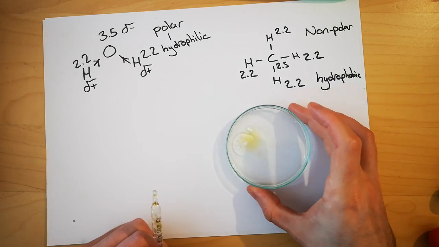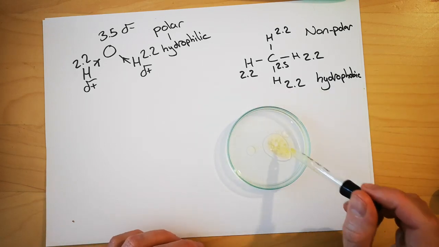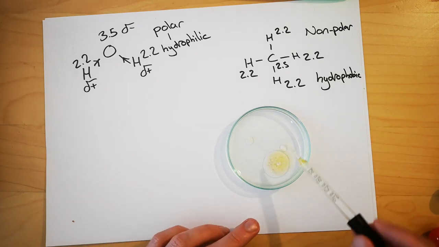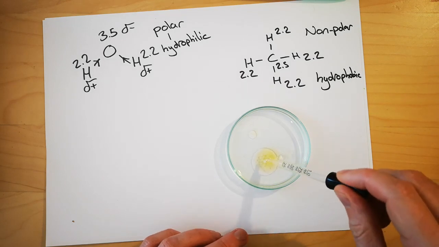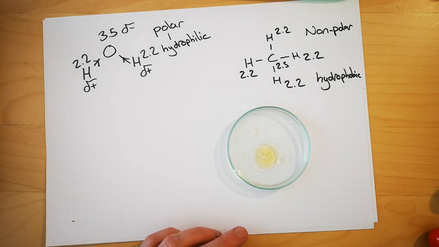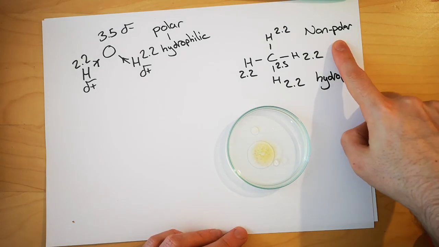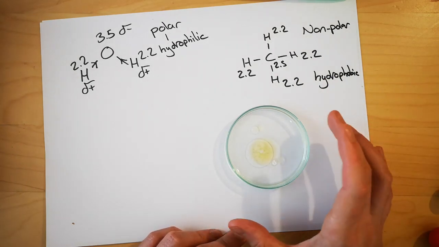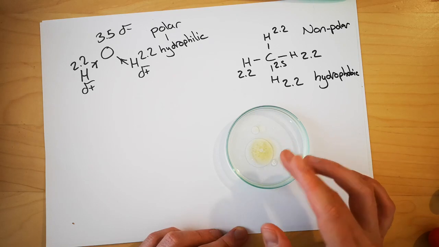If we move that island to the side, if we can, we can't, which is good, but there we go. Those water molecules are surrounding the oil droplet, and this part here is all of our non-polar molecules, and they're hydrophobic, which means they don't want to interact with the water, but they will interact with themselves.